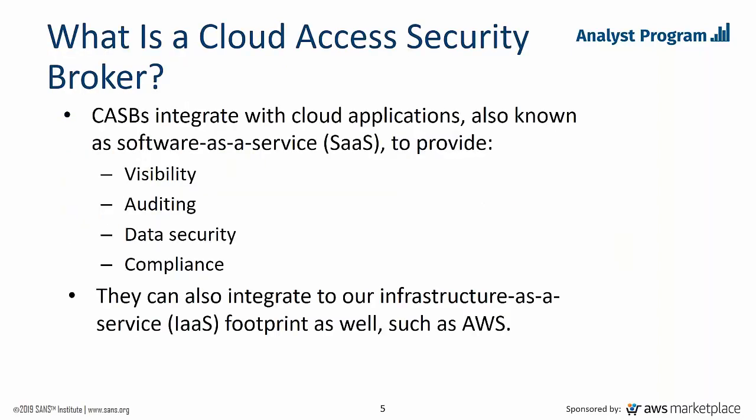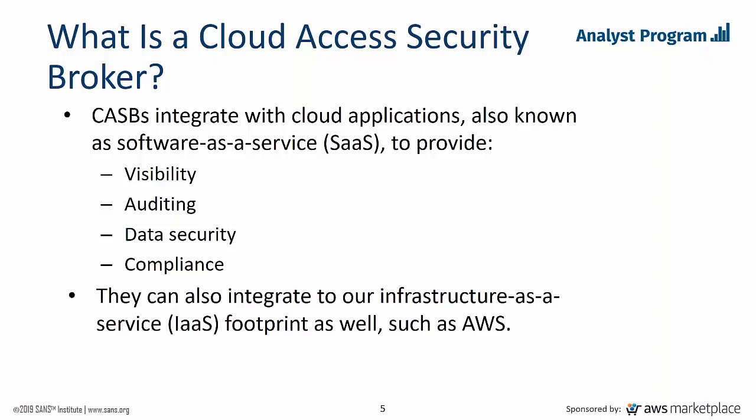So a CASB is what? A cloud access security broker. For the sake of sanity, we're just going to call it a CASB for the next 45 minutes because that is a mouthful to say. But a CASB allows us to integrate a solution to our cloud applications as well as our infrastructure as a service footprint like AWS, so we can provide visibility, auditing, data security, and compliance.